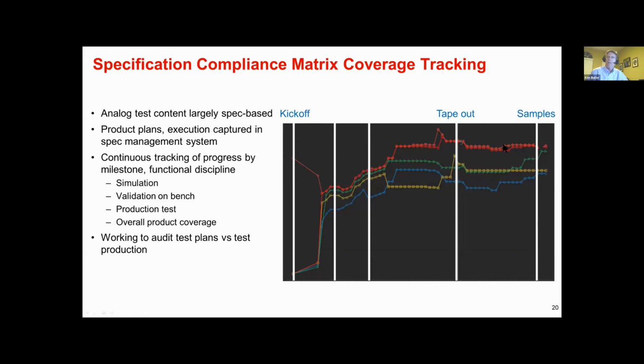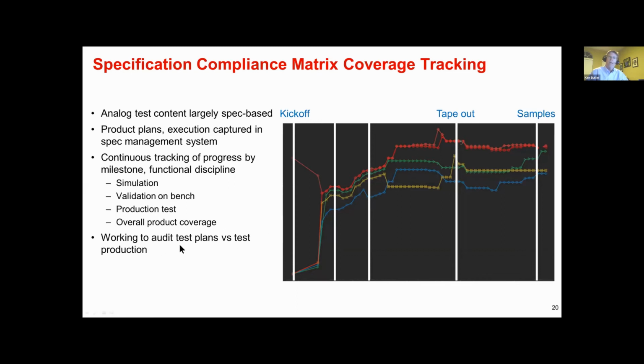We use the term coverage not the way you traditionally think of it in terms of digital coverage, stuck at 1, stuck at 0, and 98 or 99%, but coverage in terms of the specifications and where those specifications are measured, to make sure that we have all of those things covered in one place or another, in one discipline or another.